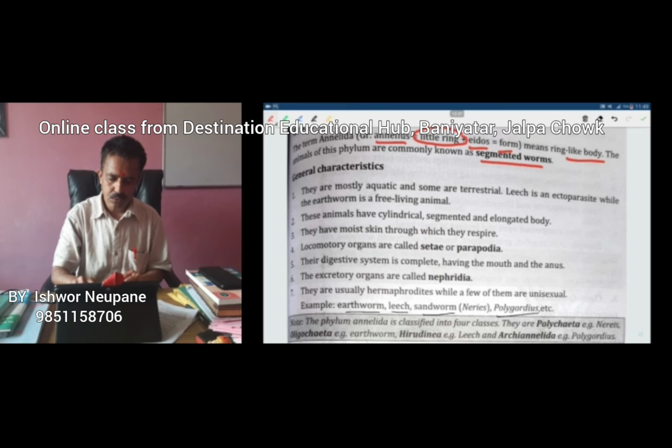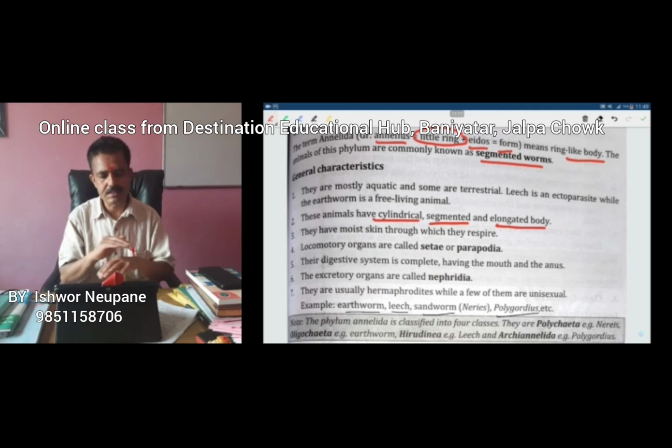So, can you give examples of the animals which belong to Annelida? They are earthworm, leech, sandworm, Polygordius, etc. Basically, remember earthworm and leech.